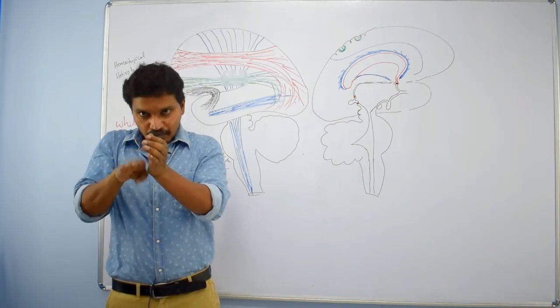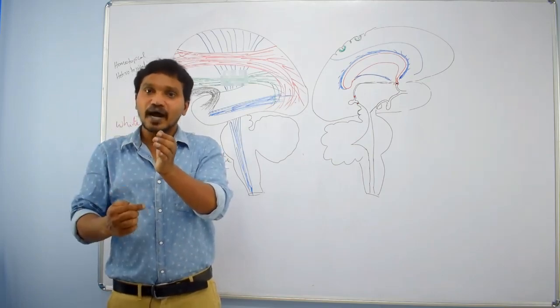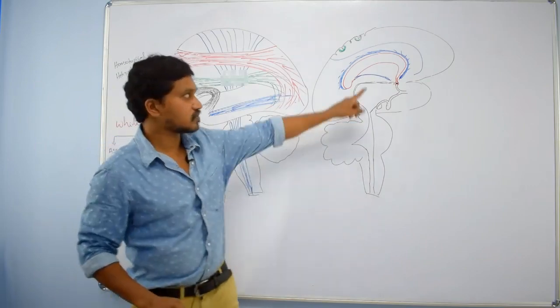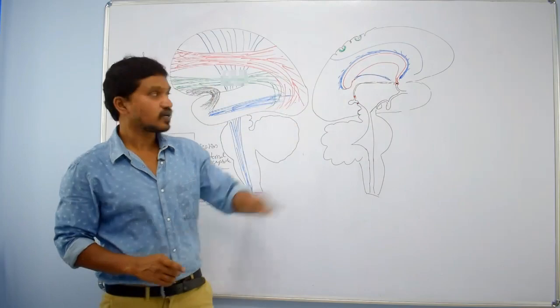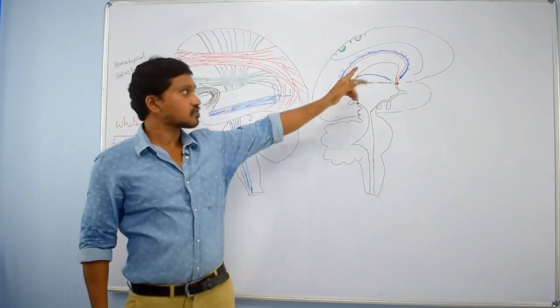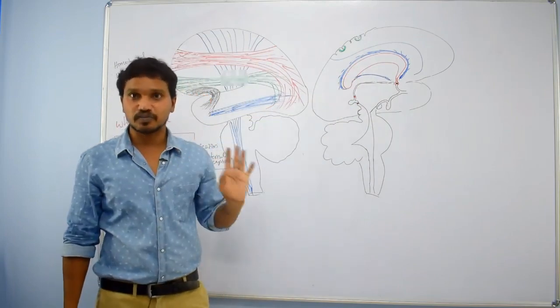In the middle part there is a C-shaped band. That band we are calling corpus callosum. When you make a section along the midline, we can observe this structure we are calling corpus callosum.